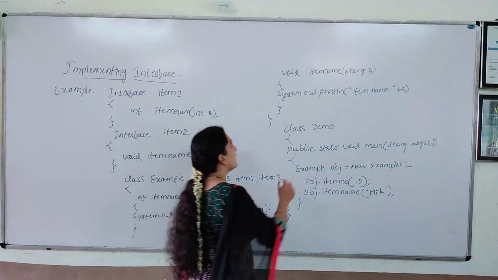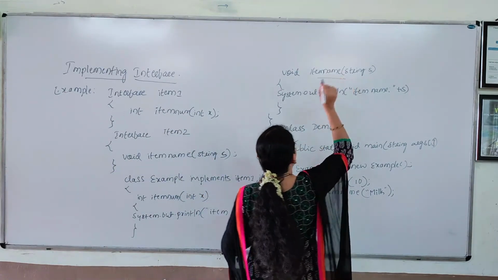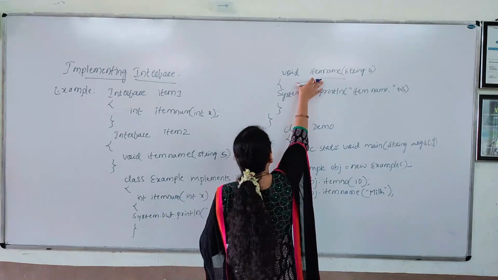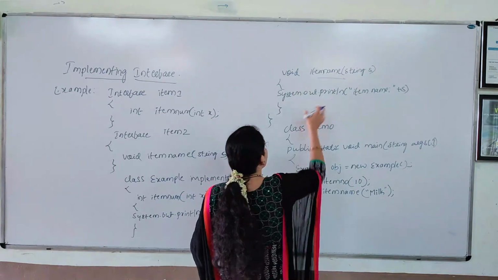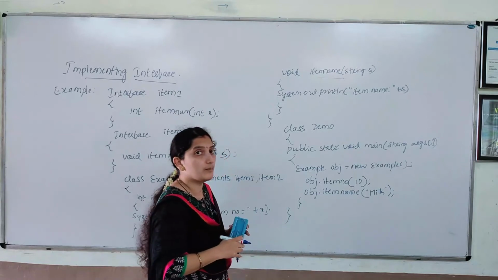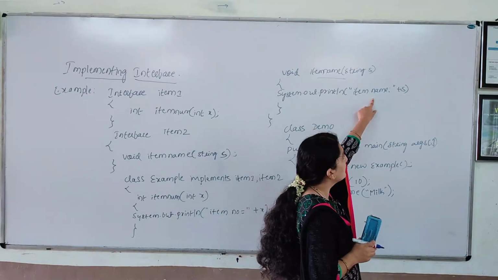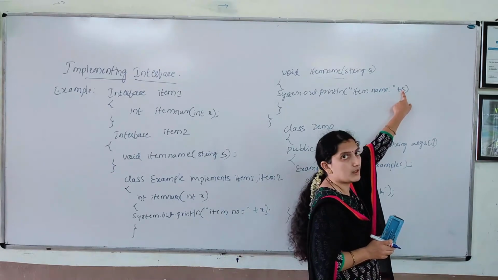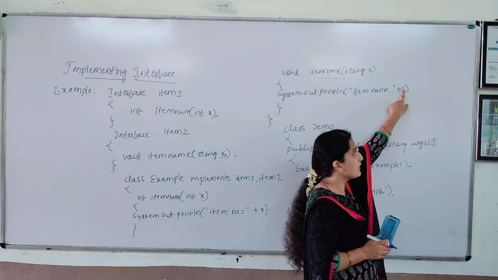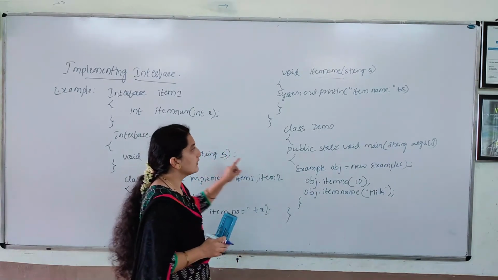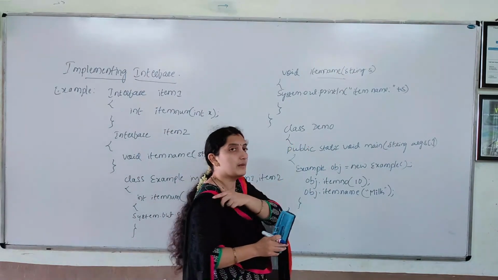In the same way, I have defined the item name method. In its definition, I have written one print statement to print the name of the item. So it prints item name and the value of item name in the form of a string, because this is a string variable.